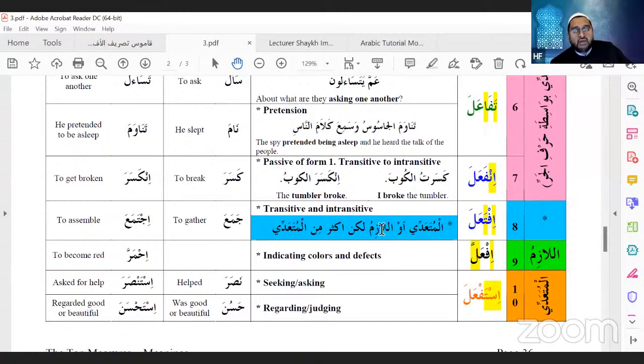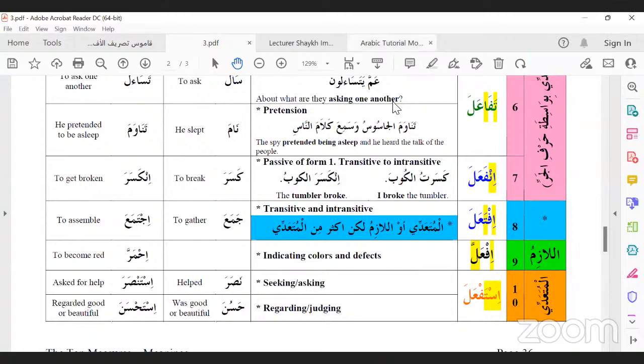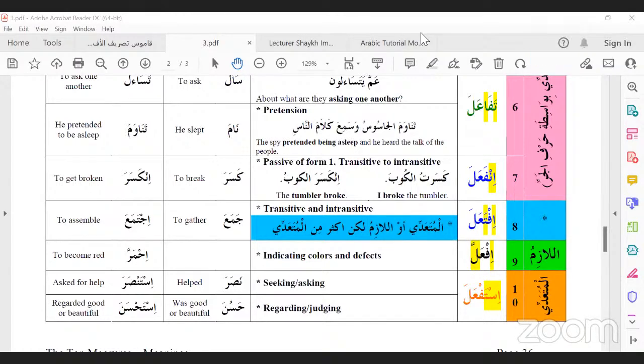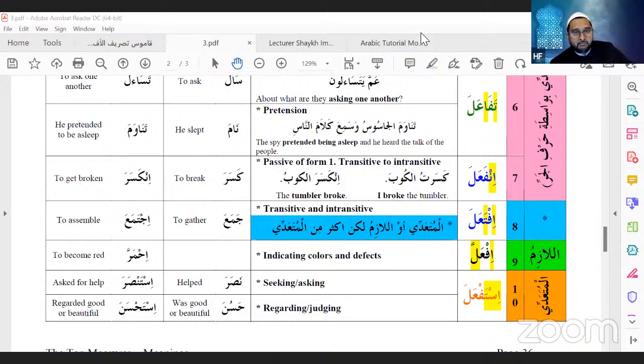Can you do the imperative of ijtami'? 6 forms, please. Ijtami', ijtami'a, ijtami'u, ijtami'i, ijtami'a, ijtami'na. Ahsanti. Right. Is that clear for you?